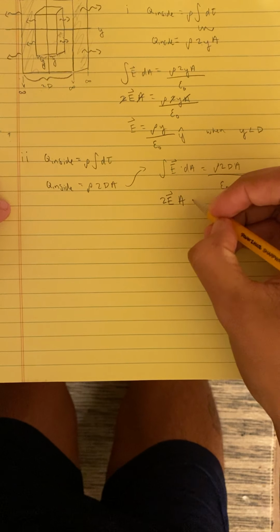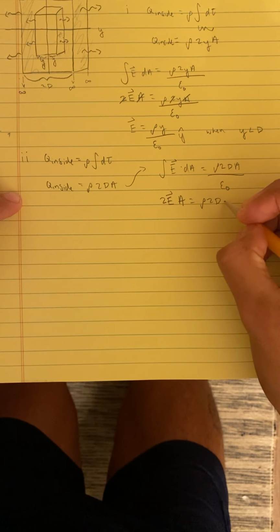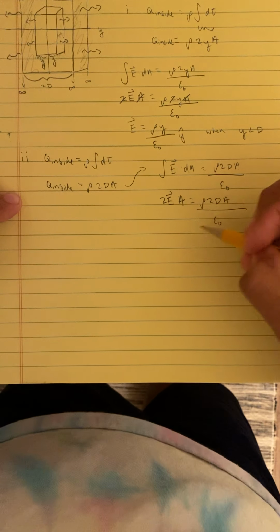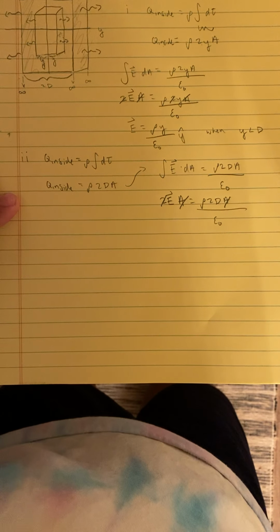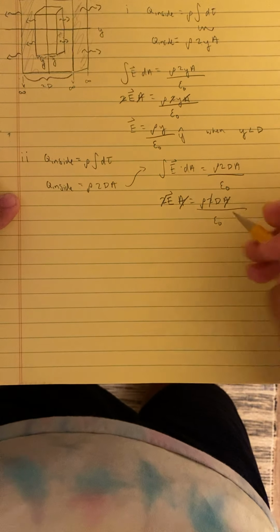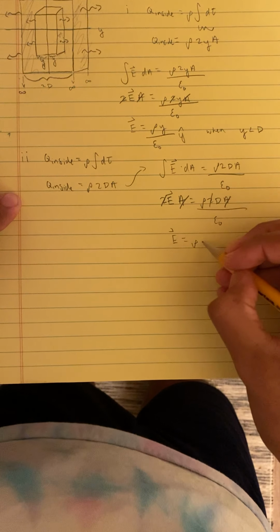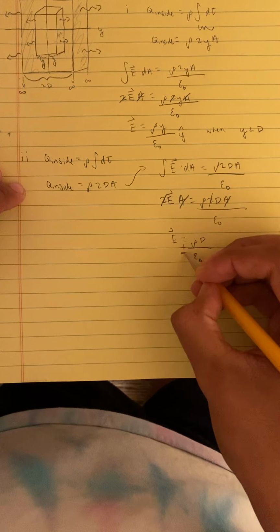So then 2EA is equal to rho 2dA over epsilon naught. We can cancel some things out, and we end up getting E is equal to rho d over epsilon naught, and this is going to be plus or minus.